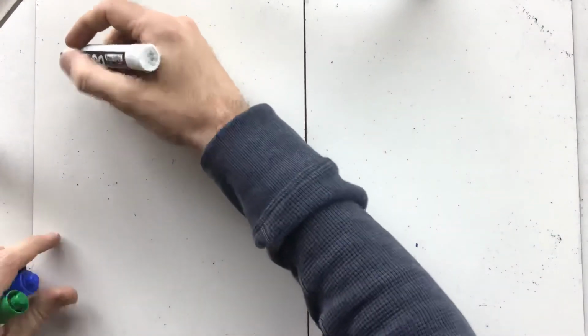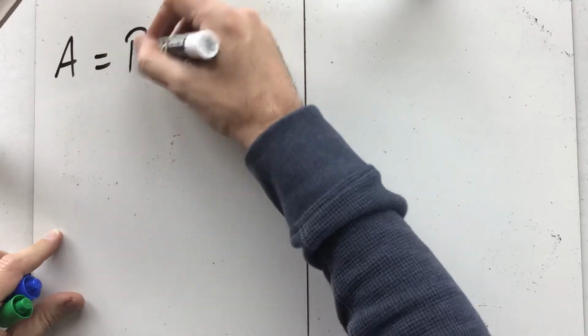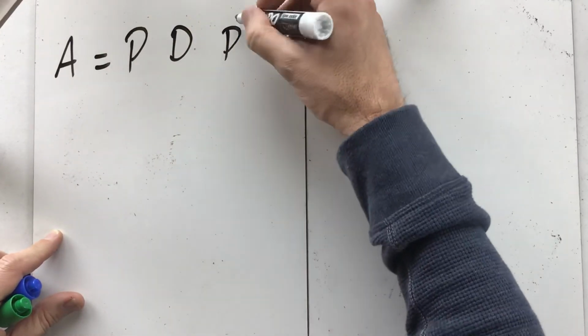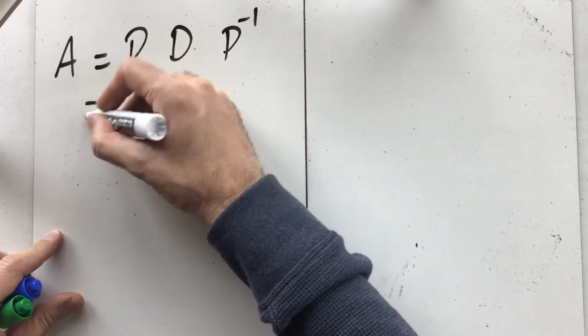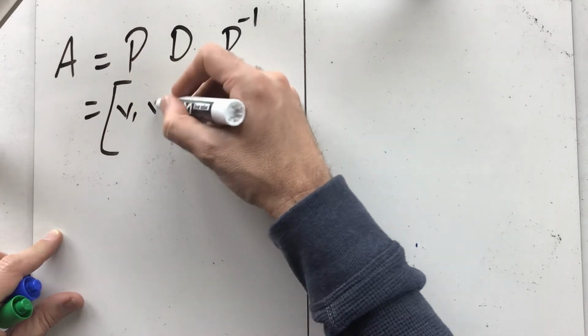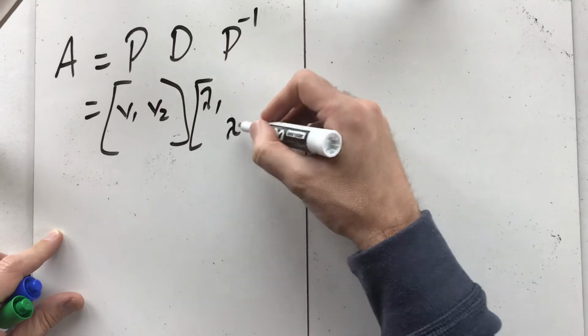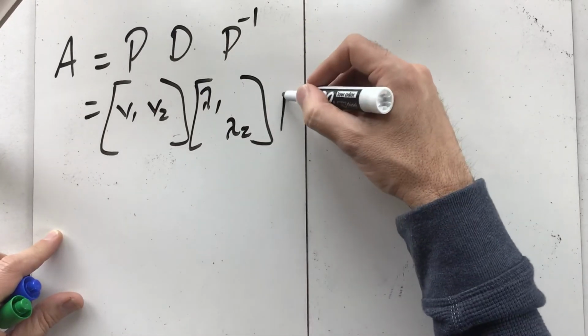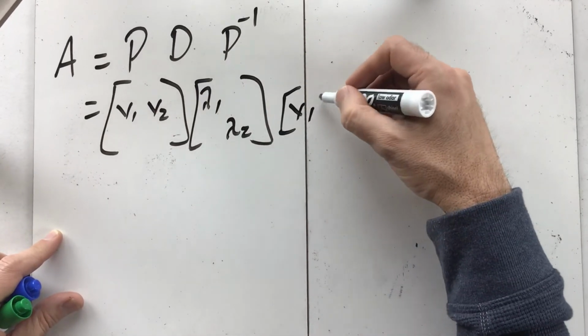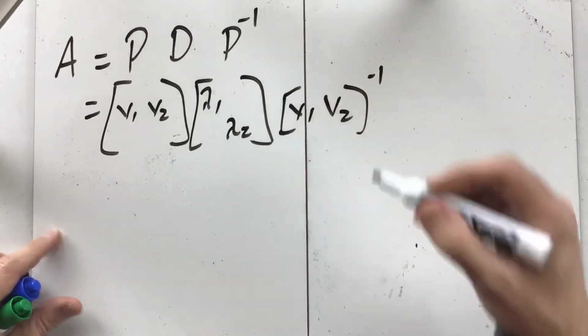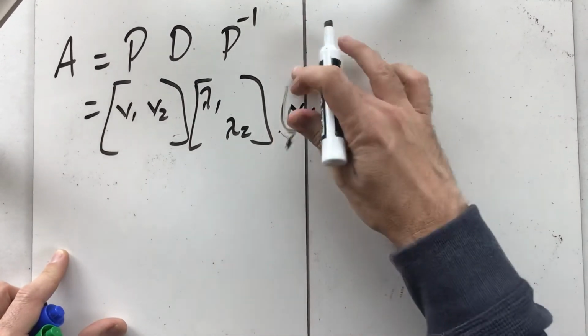In the last lesson, we wrote the matrix as P times D times P inverse, where P was made of our two eigenvectors, D was made up of our eigenvalues, and then P inverse was those two eigenvectors inverse. So this is what we did in the past.